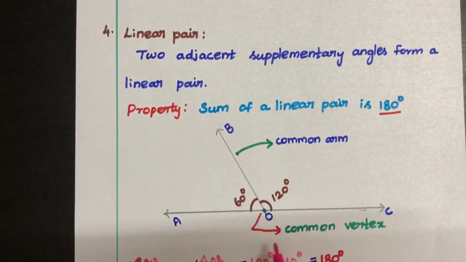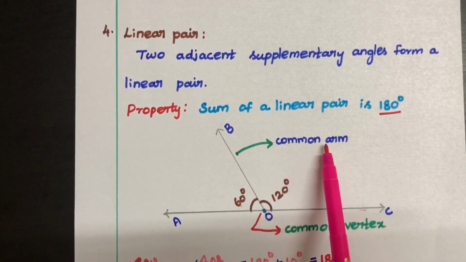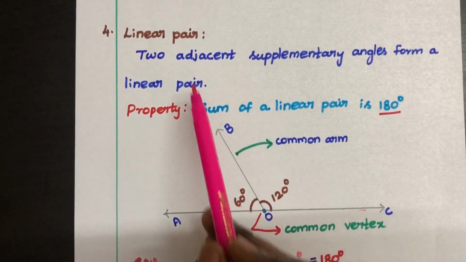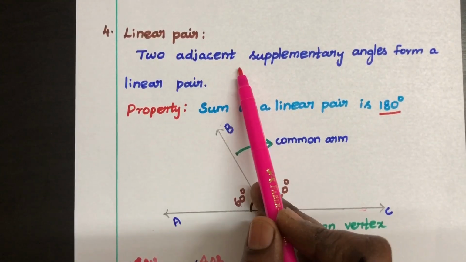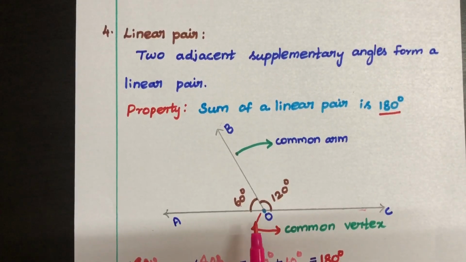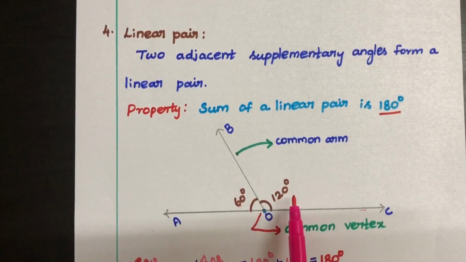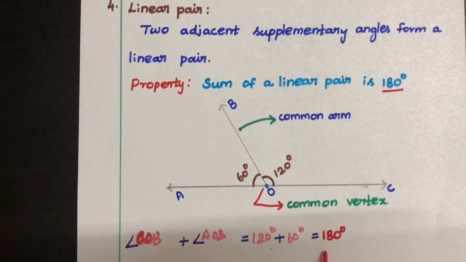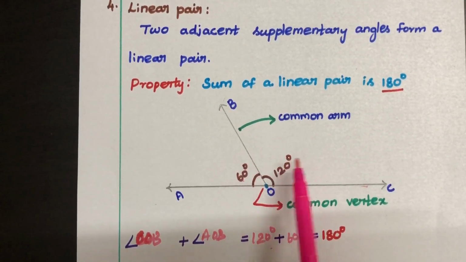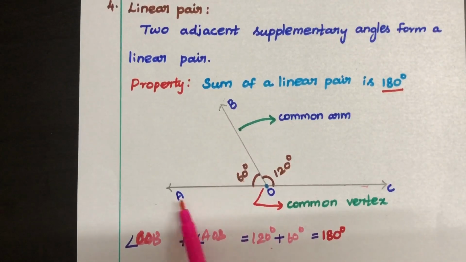It also has a common vertex and a common arm, so it is also called adjacent angles, right? But they are adjacent supplementary angles, because the addition gives you 180 degrees. So two adjacent supplementary angles form a linear pair.